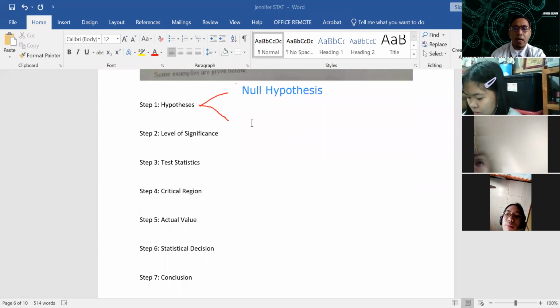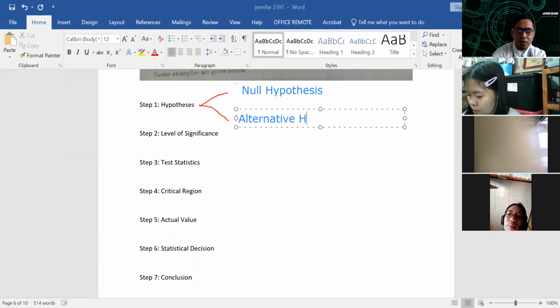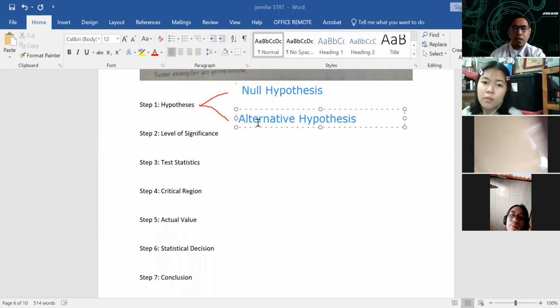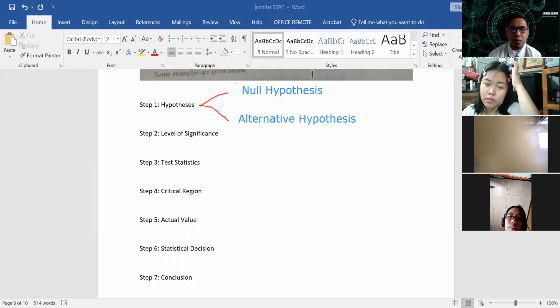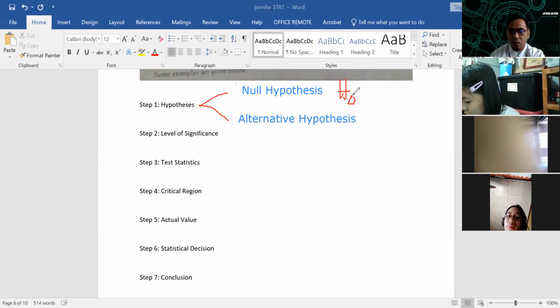And the other one is the alternative hypothesis. Okay, duha man sila. So in the null hypothesis will be denoted by H sub O. While the alternative hypothesis, mostly of the books are using H sub 1.